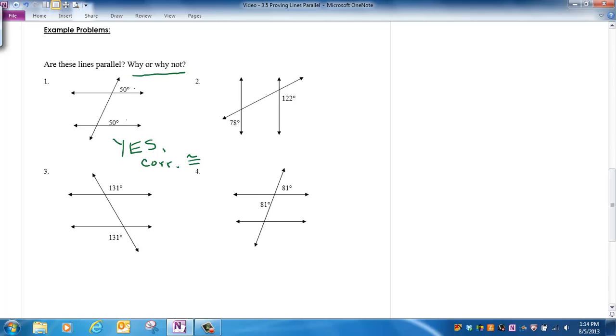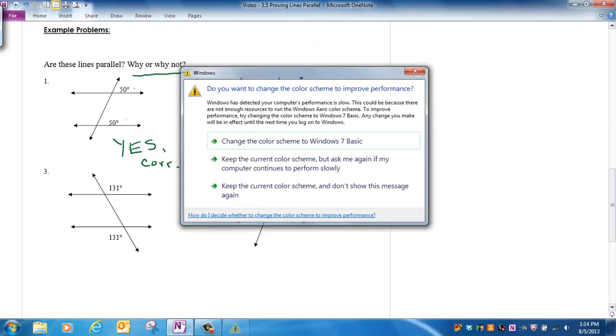All right, number 2. I have a 78 and a 122. Now these, here's my interior, here's my exterior. These are same side exterior. And they were supposed to be supplementary, which means 180. Let's think about this.